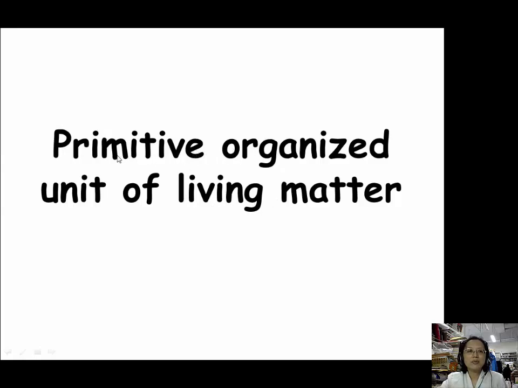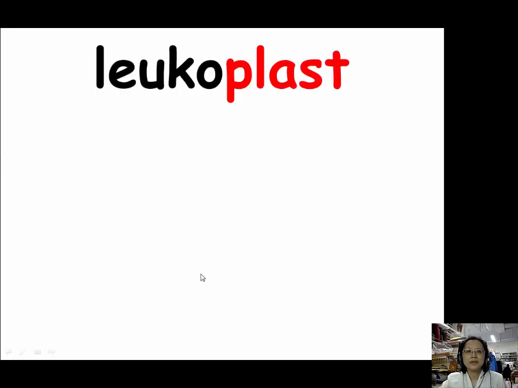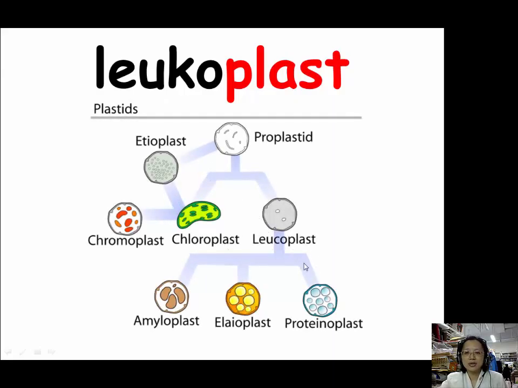When we talk about primitive organized unit of living matter, we have this term, plast, P-L-A-S-T. Our example is leucoplast. What is a leucoplast? Leucoplasts, as shown in this picture, are a category of plastid and as such are organelles found in plant cells.